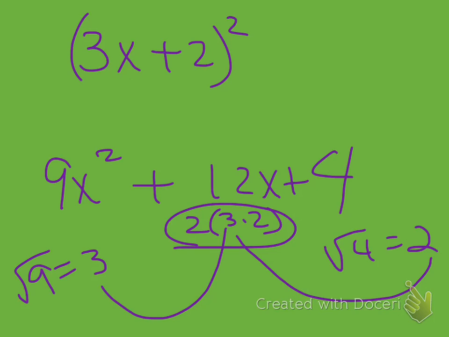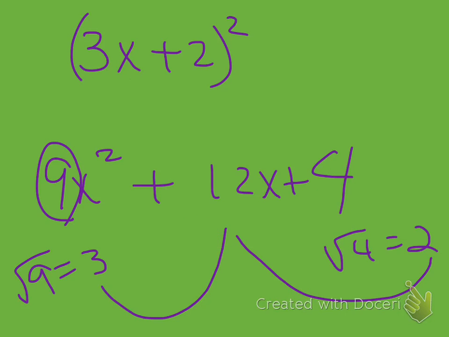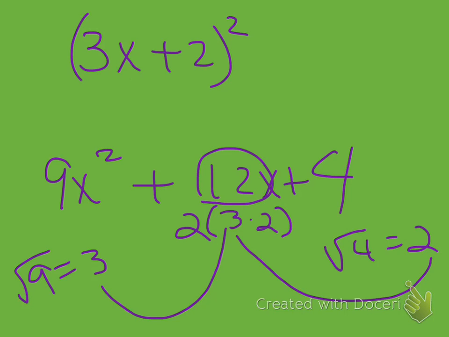So let's review that real quick. My coefficients in front have to be perfect squares. And then I take the roots, the 3 and the 2, multiply them together, and then double it to see if this one equals that one. If I do, it is a perfect square trinomial. So let's check.